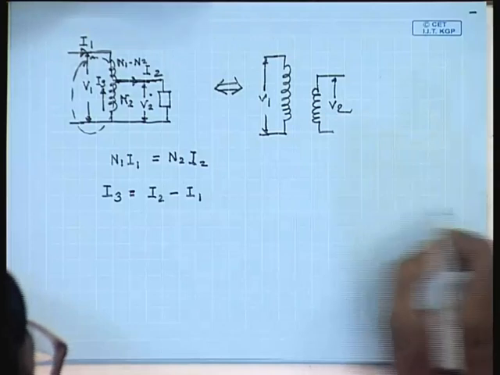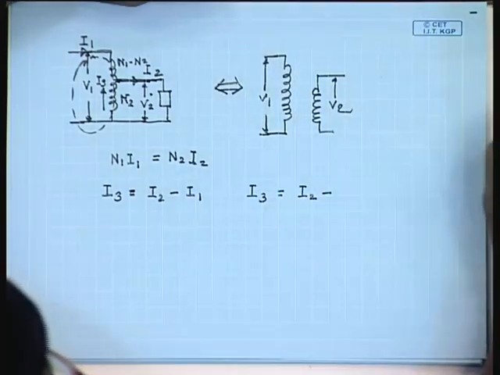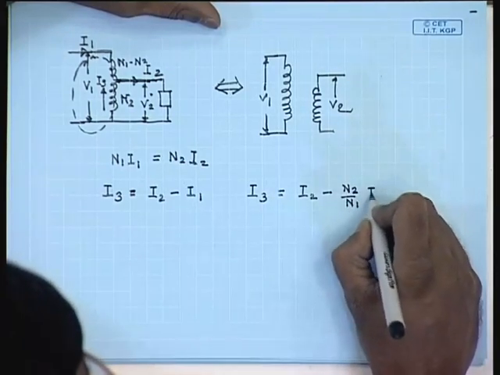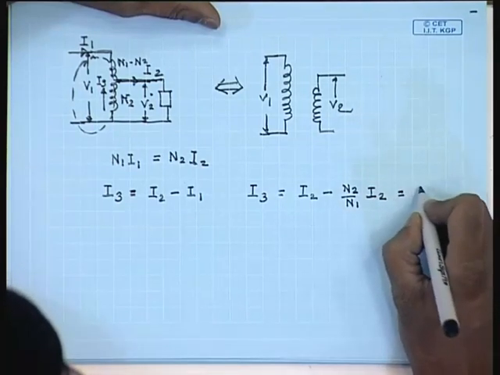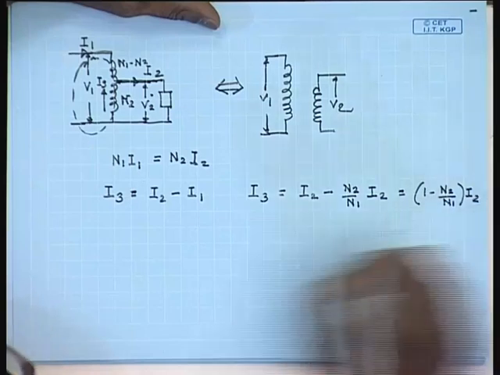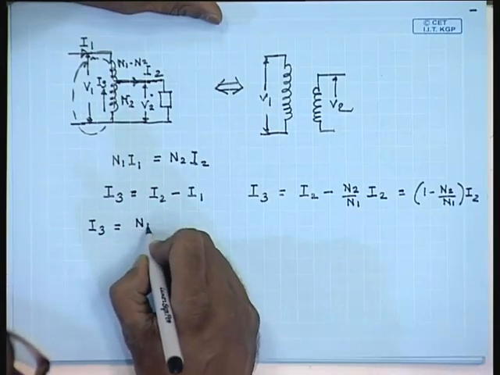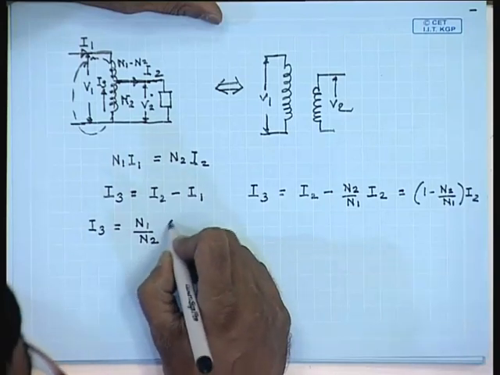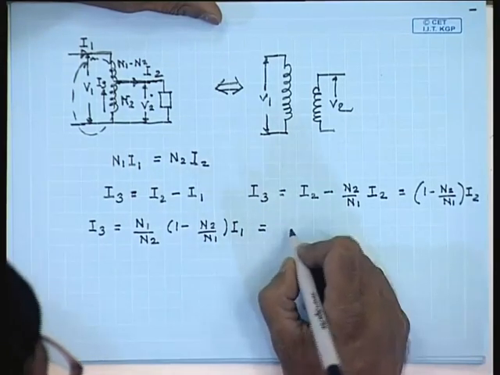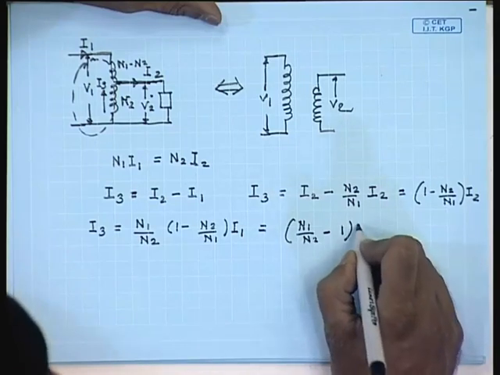In other words, I3 equal to I2 minus N2 by N1 into I2, equal to 1 minus N2 by N1 into I2, or I3 equal to N1 by N2 into 1 minus N2 by N1 into I1, equal to N1 by N2 minus 1 into I1.